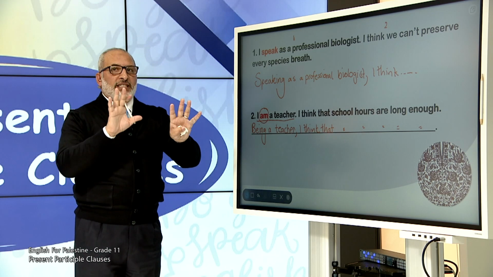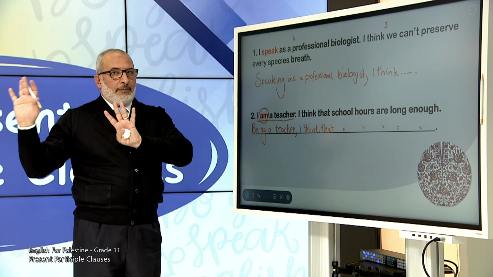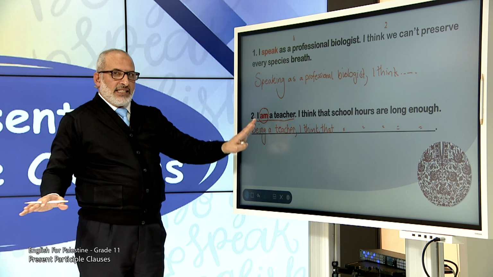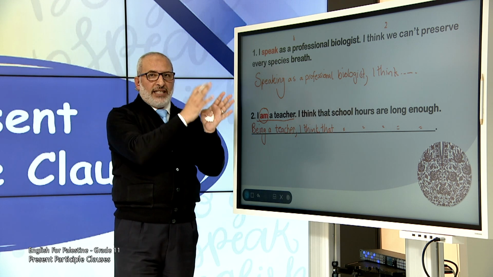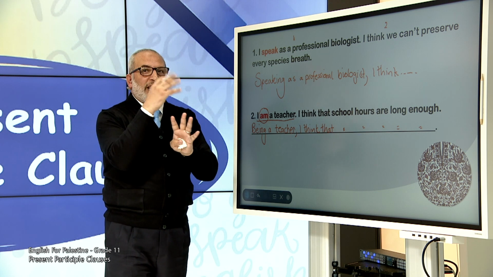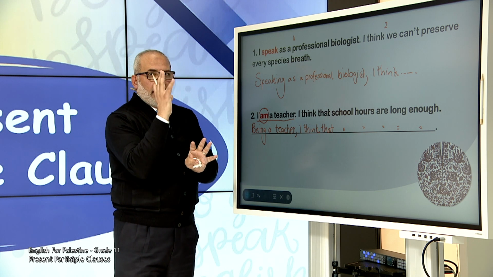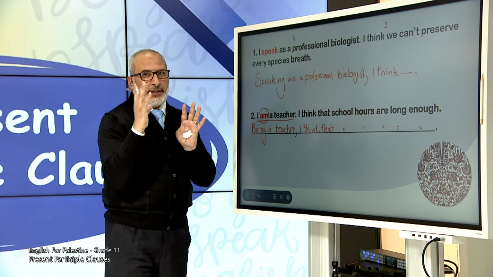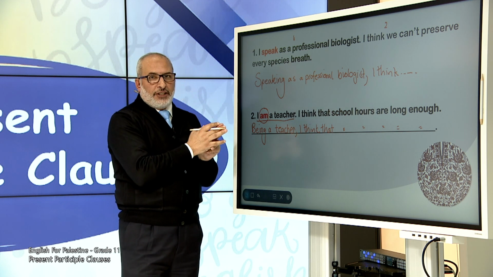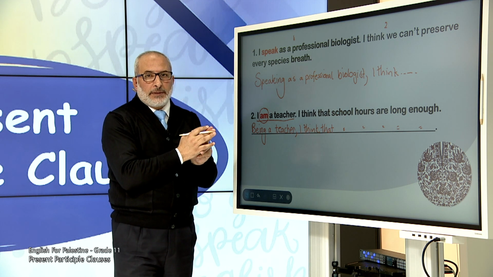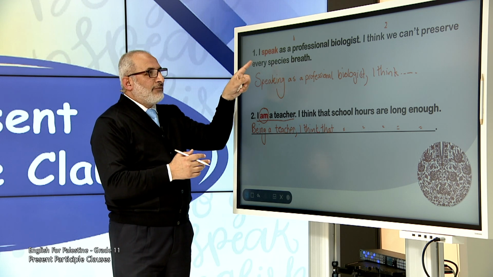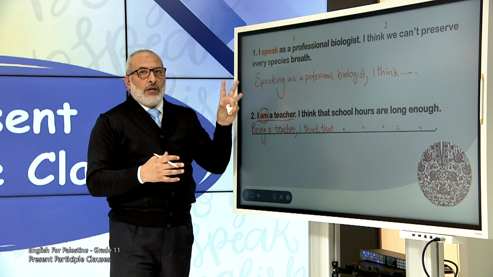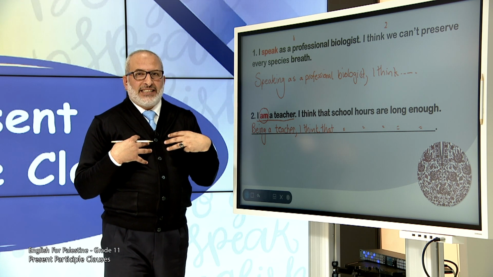So, do you notice the difference between the previous sentences and these sentences? Do you remember the previous sentences are reason and result, and we change the reason part into ing phrase or into present participle clause. But here we have two sentences. One expresses my identity.